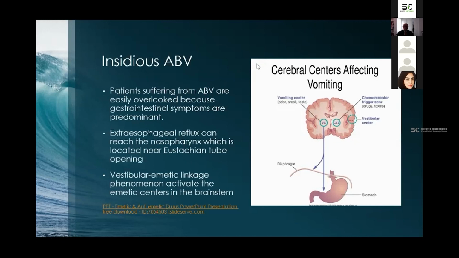Due to extraesophageal reflux caused by autonomic symptoms triggered by ETD, gastric contents can reach the nasopharynx. In this manner, Eustachian tube dysfunction can cause nasopharyngeal reflux, and nasopharyngeal reflux can cause Eustachian tube dysfunction.